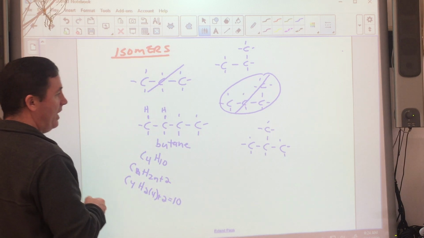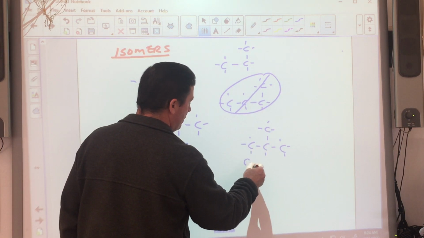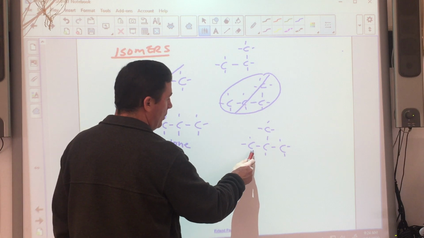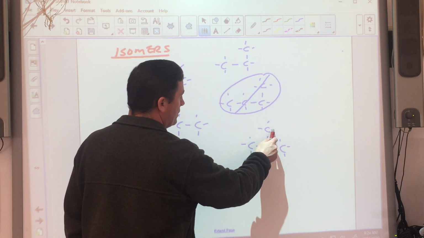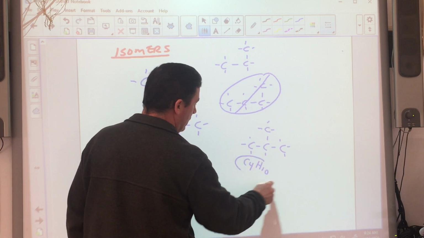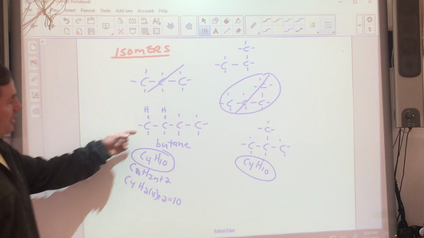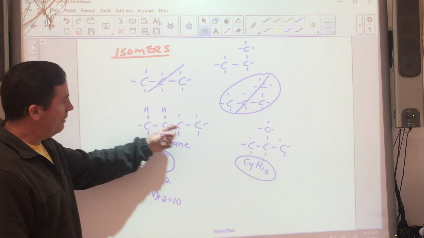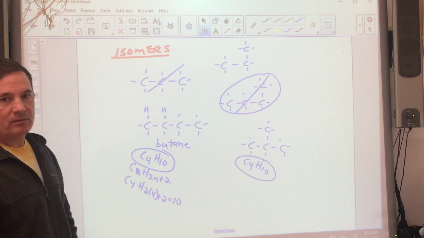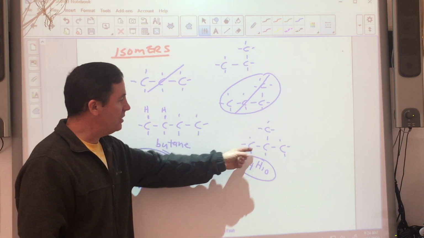So here's that. How about this one? C 1, 2, 3, 4. C4. How many hydrogens do we have? 1, 2, 3, 4, 5, 6, 7, 8, 9, 10. Look, these two have the same molecular formula, but if you built them, they would have a different structural formula. So these two are isomers of each other.